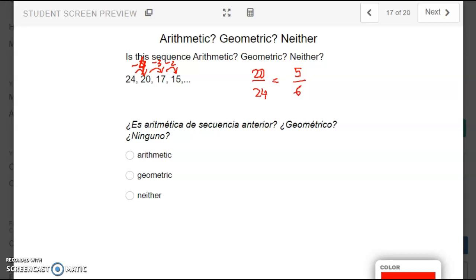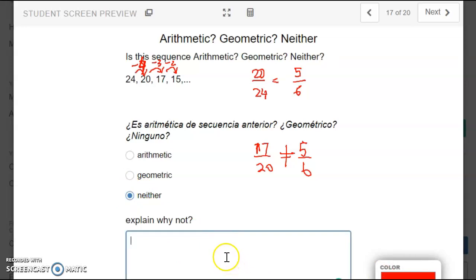What about 17 over 20? This does not simplify to 5 over 6. That means it's not geometric either. So if it's not arithmetic, which we've just proven, and it's not geometric, then it's going to be neither. So I am going to click on neither.